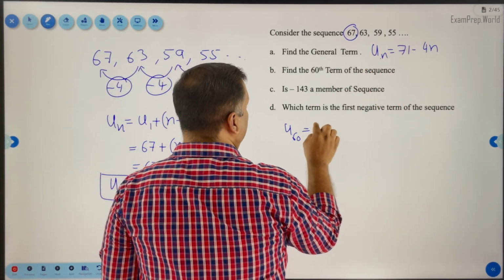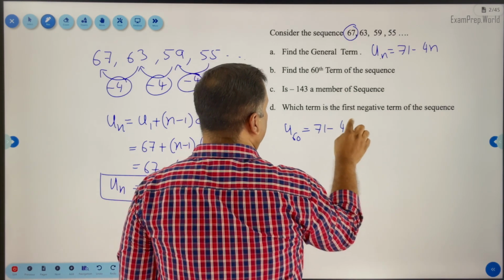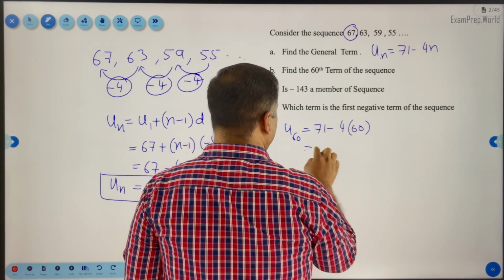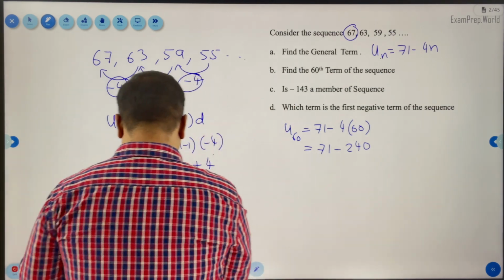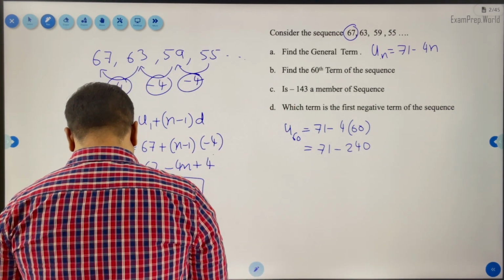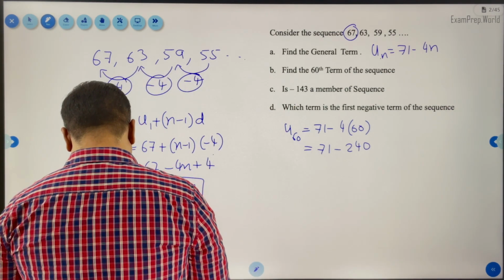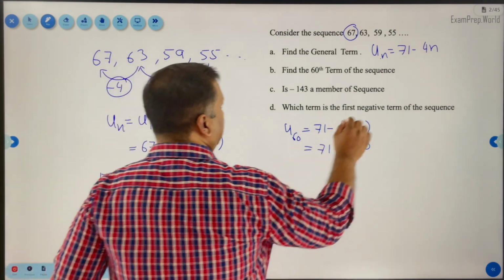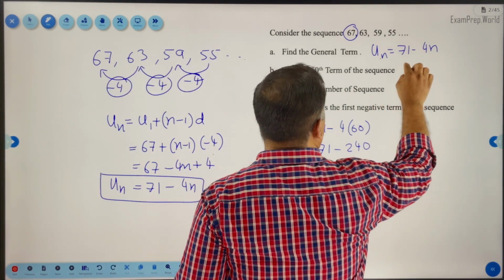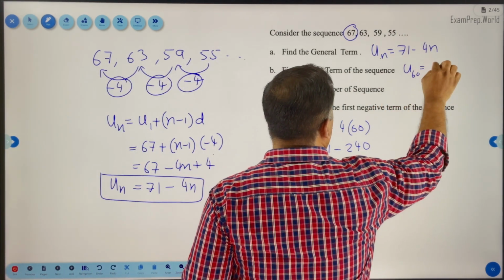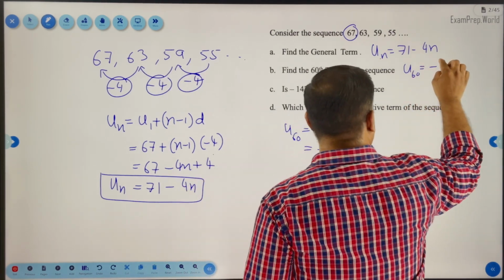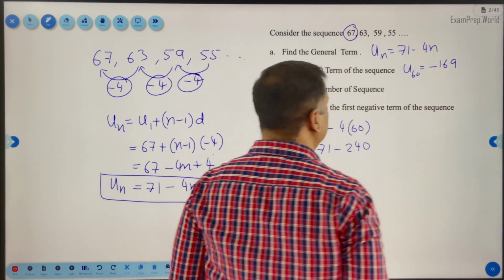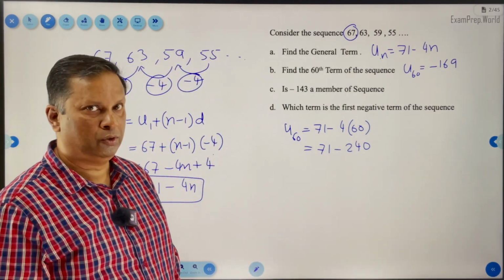U60 will be equal to 71 minus 4 times 60, which is 71 minus 240. So U60 is -169. It was so easy, right?